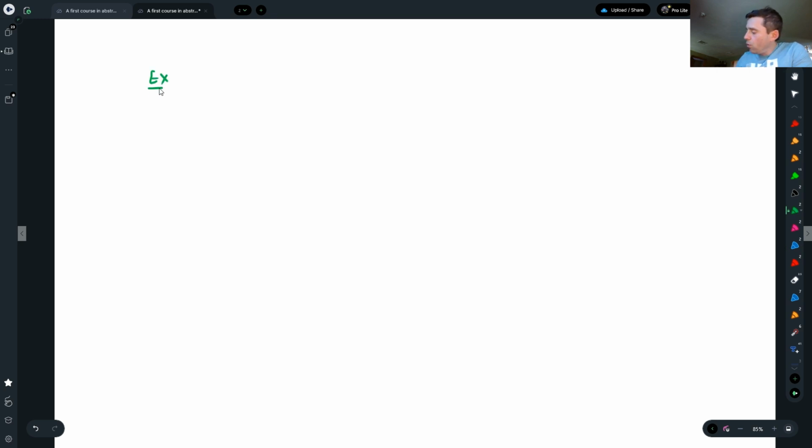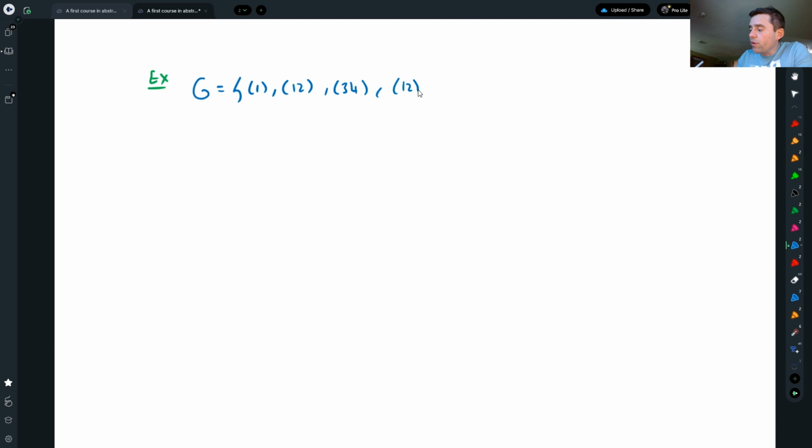Okay, let's do some other example. Let's take, like before, G to be the group generated by (1 2) and (1 2)(3 4), acting on 1, 2, 3, 4, on X. Then we had before the orbit of 1 is 1 and 2.